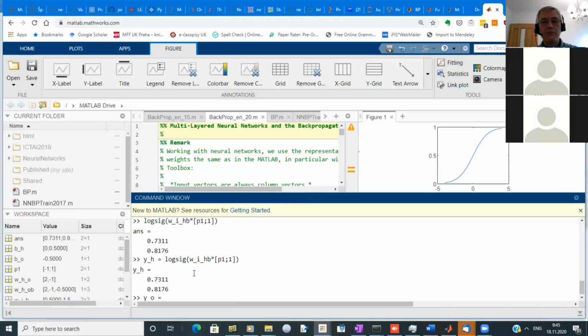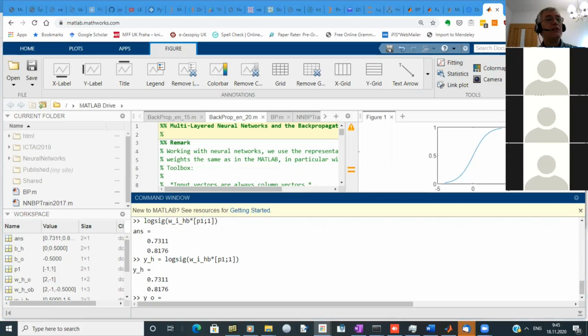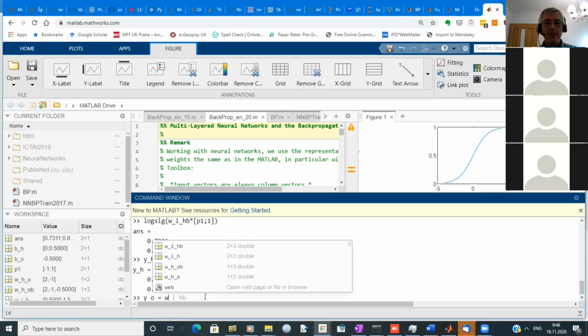For example, colleague Babushik, could you help us? How to compute the output on the output neuron? Or someone else? Well, as the colleague said, it's very similar. Yes, it's just the weights of the other layer times the output of the previous layer.